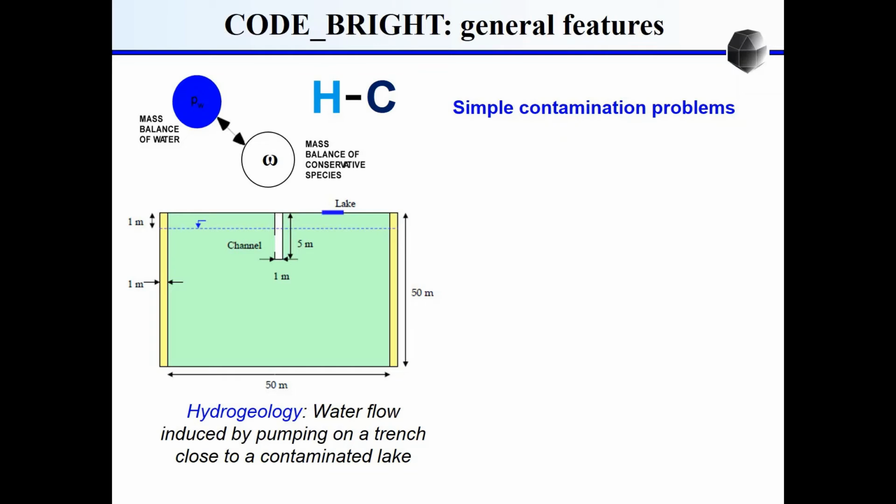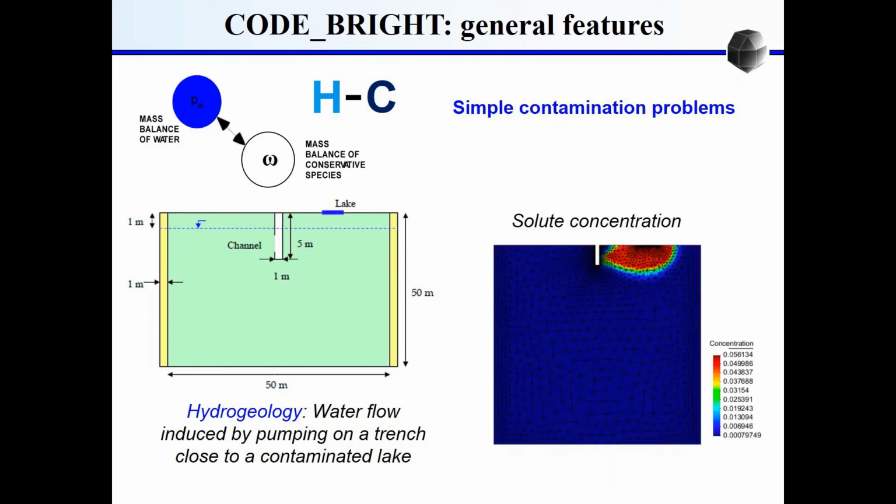For example, if in this channel we also have a lake which has some contaminants, we can see the dispersion of these contaminants by the action of the pumping water. Okay, so we can see that some concentration of these contaminants go towards the channel because we are pumping water from it.